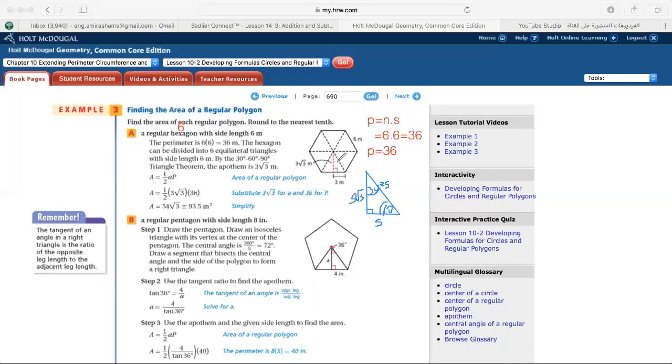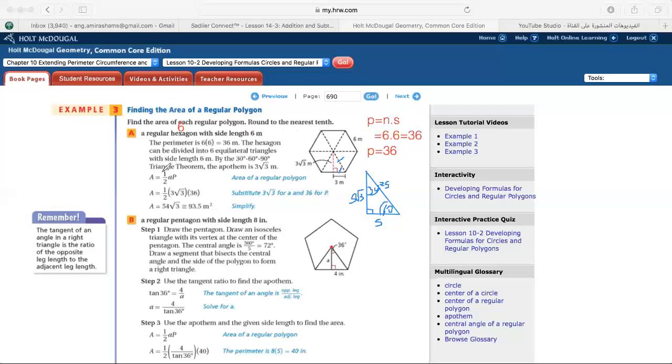This one is the hypotenuse, but I will not use it. This is 30 degrees, so it is S, and this is 60 degrees, so the side corresponding to the 60 degree angle is S root 3, which is 3 root 3, because S here is 3. So the apothem here is 3 root 3.